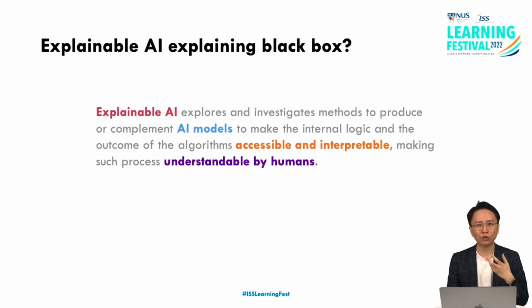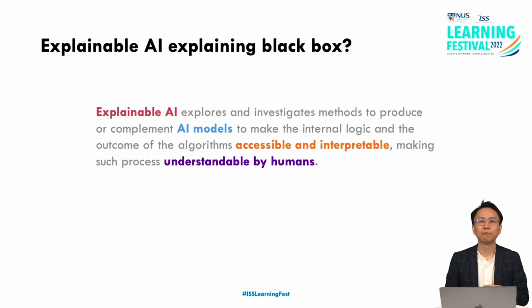In fact, they were not designed and developed with that purpose in mind. So, this is what explainable AI tries to do. Explainable AI are some methods that try to produce or complement AI models to make the internal logic and the outcome of the algorithms accessible and interpretable, and making such a process understandable by humans.